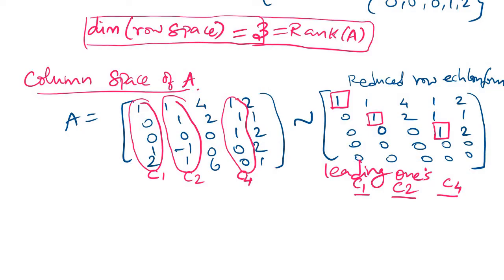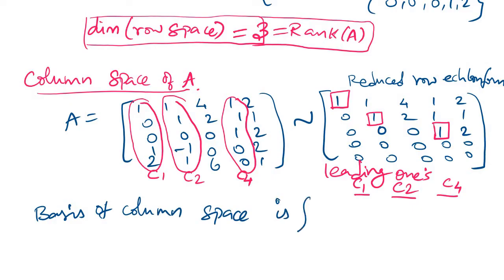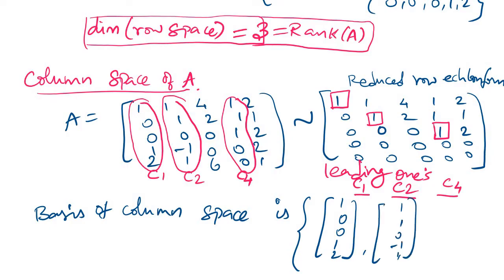So now we can write the basis of the column space. Basis of column space is 1, 0, 0, 1, 2; 1, 1, 0, minus 1, 1; 1, 1, 1, 0, 0.